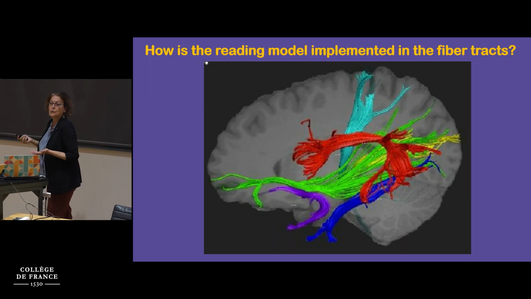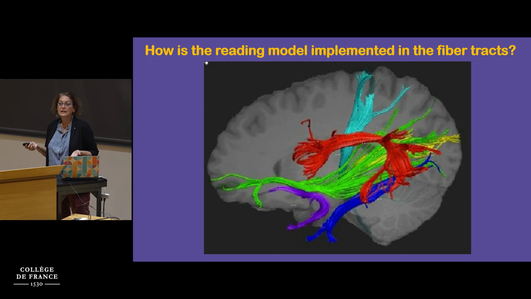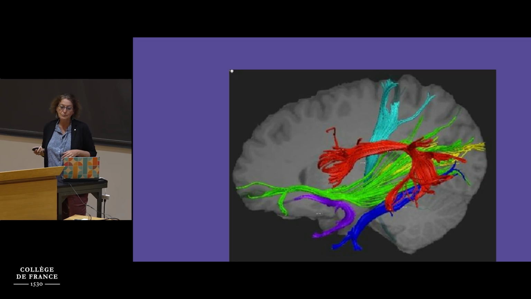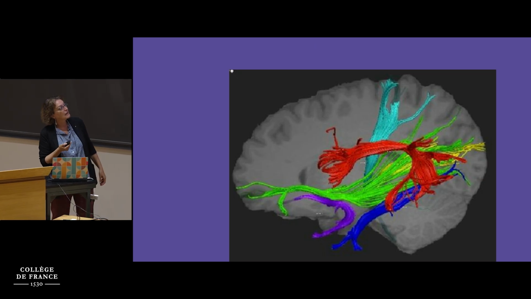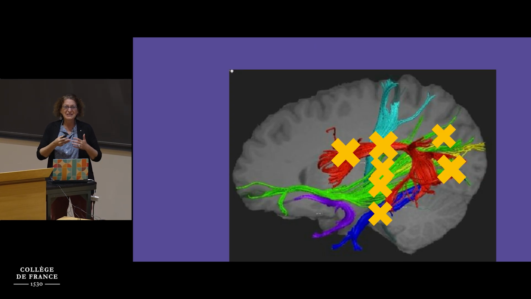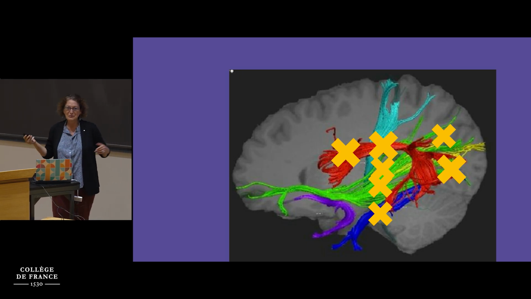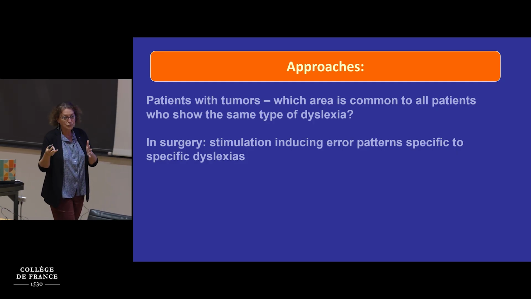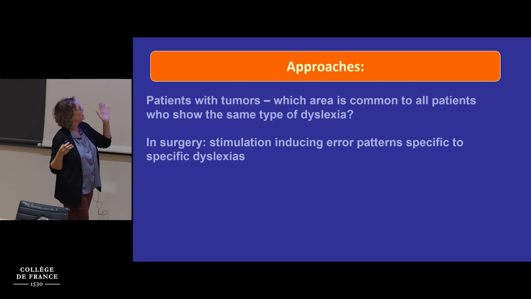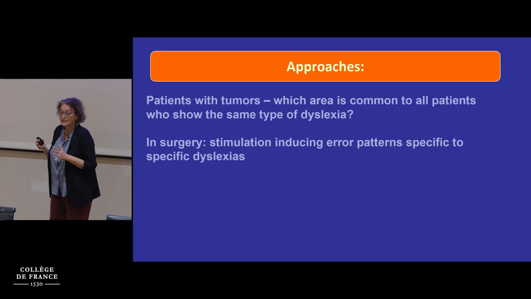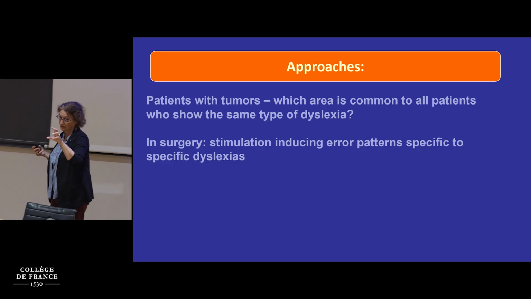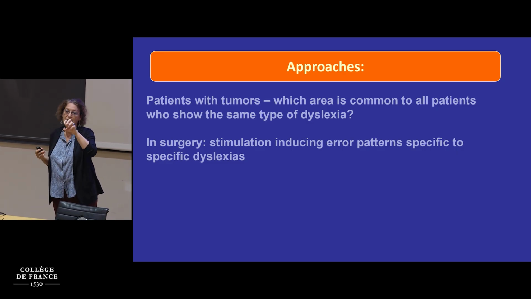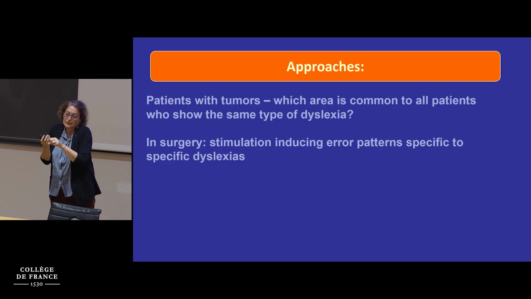So the question is, how is this reading model implemented in the brain? And specifically, we are asking about what exactly do these white matter tracts do in the process of reading. And what I'm going to show you are data from actually three approaches. One of them is looking at the tumors. So as I told you, some patients already come when the tumors already press their white matter tracts.